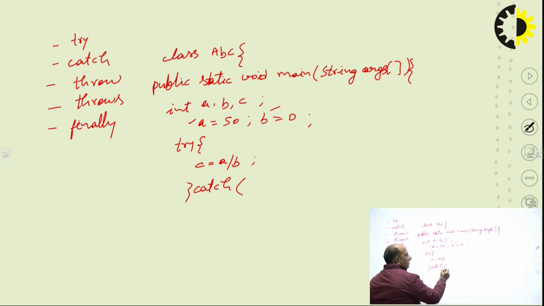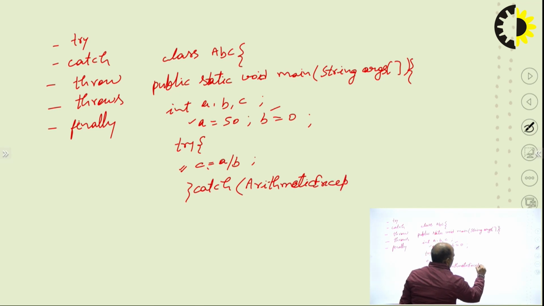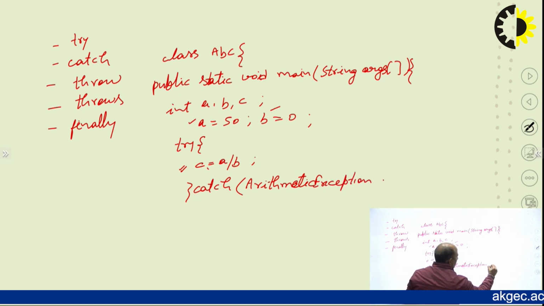In this catch, you have to pass an object, a variable, of the type of class that is being created by the compiler over here. And I have already told you an ArithmeticException type object will be created on this line and it will be thrown. So I will pass in catch ArithmeticException over here. Let's say I am writing AE.